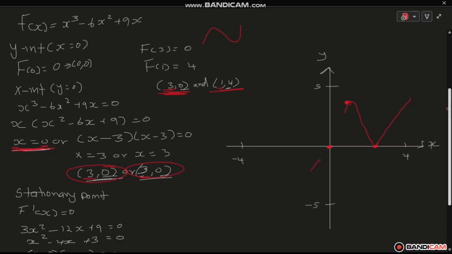Oh my goodness, I don't know what to do now. Let me just leave it like this, but make sure that it looks nice. What we're having, we know that our coordinates here are (1, 4) and (3, 0) as well as (0, 0) here. This is the graph of f.